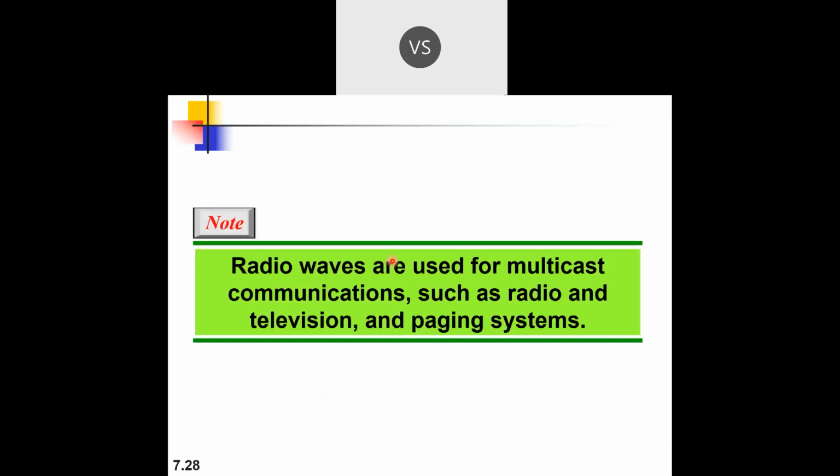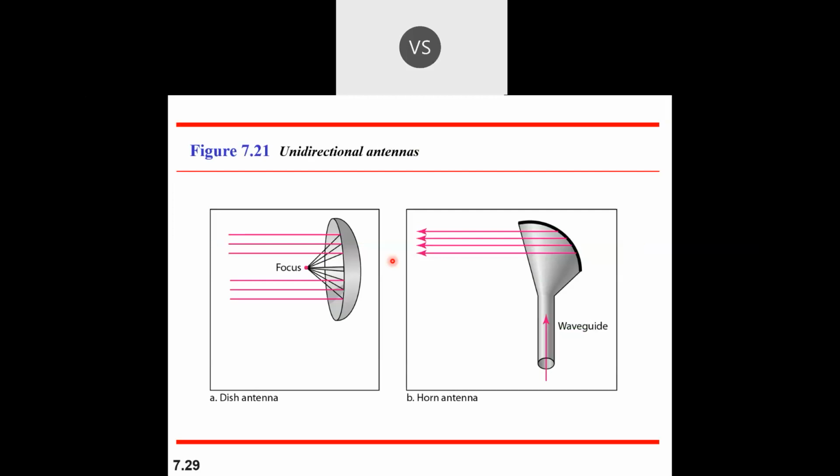Radio waves are used for multicast communication such as radio, television, and paging systems. Another unidirectional antenna is the dish antenna or horn antenna. It is not omnidirectional; it focuses in only one direction.